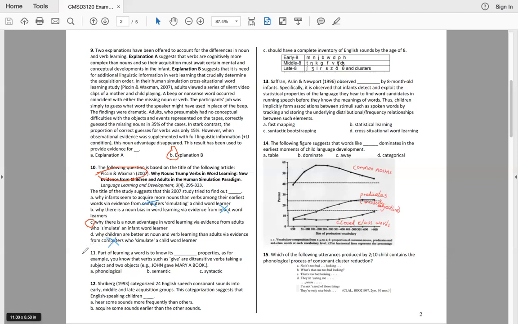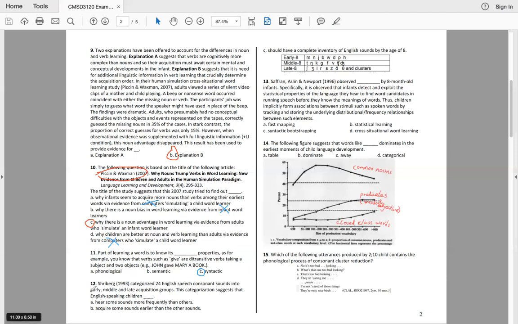Question 11. Part of learning a word is to know its, here the answer is syntactic property. So a verb can be a transitive verb, intransitive verb, or a ditransitive verb. And this is part of syntactic property. Question 12. As you can see, this question is kind of straightforward. This study categorized 24 English speech consonant sounds into early, middle, and late acquisition groups.